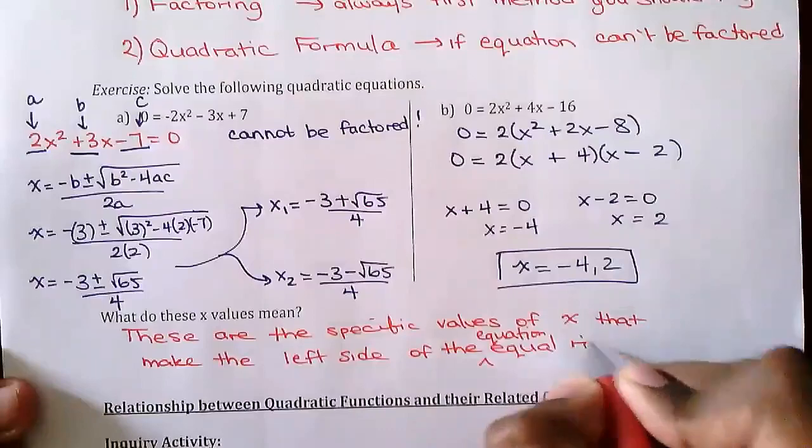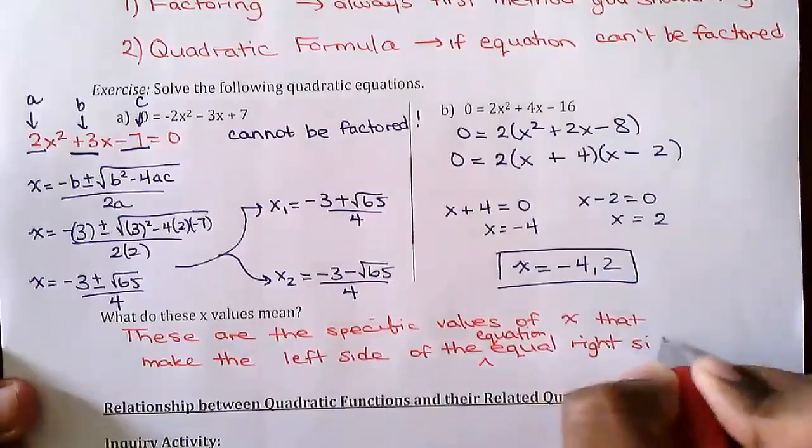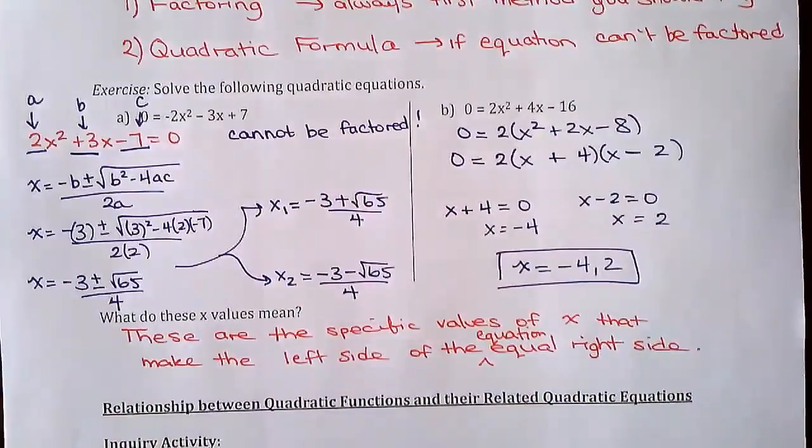So again, that's what solving for x's means. When we're solving for x's, we're essentially trying to find the value that we can plug inside the equation to make that statement true, to make the left side equal the right side.